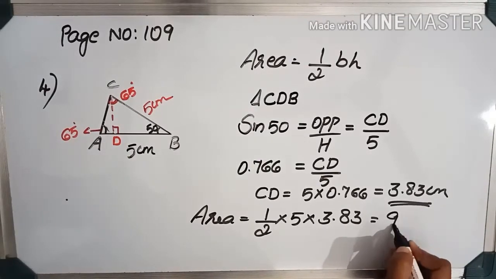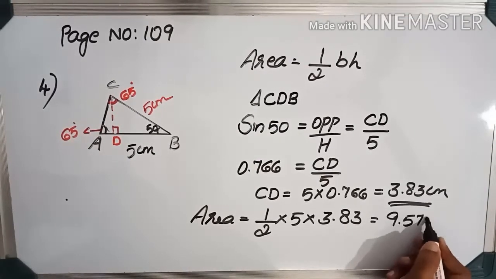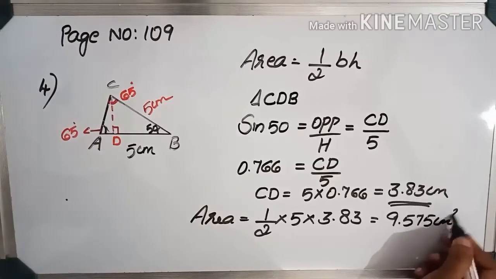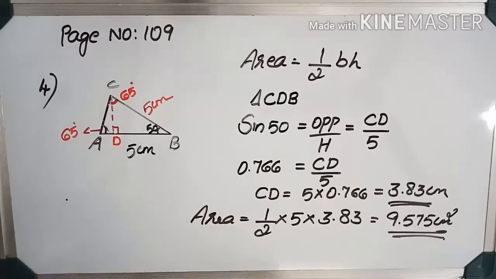The answer will be 9.575 centimeter square. This is the area of this particular triangle. When you do the problem in the notebook, don't copy, just try to multiply and write the answer.